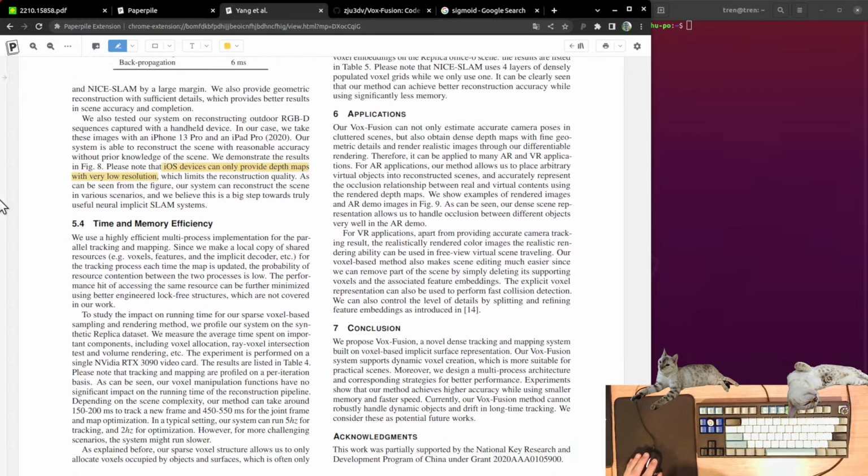Okay, now we have a section about time and memory efficiency. Since we make a local copy of the shared resources, the voxel features and the network for the tracking process, each time the map is updated, the probability of resource contention between the two processes is low.